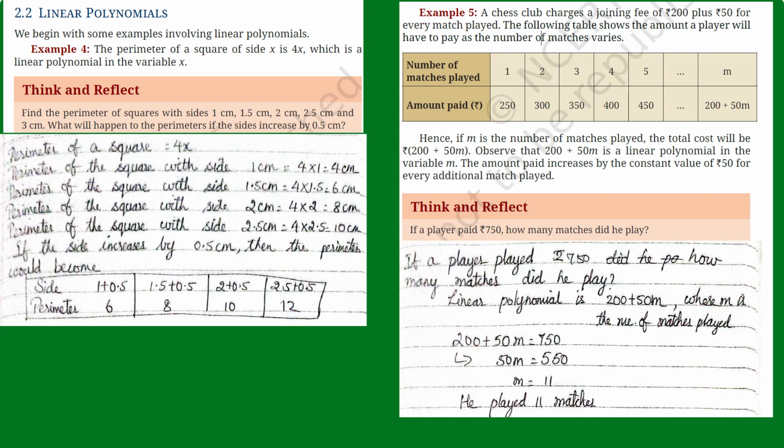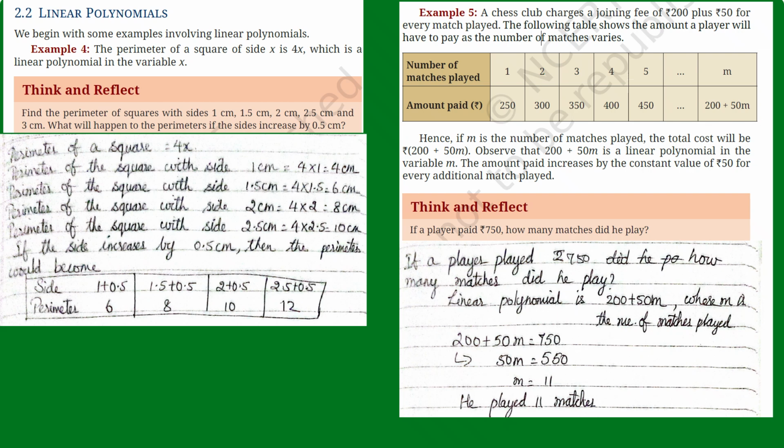You can see very well that as the value of the sides, that is, the value of x, is increased by 0.5, the perimeter is increased by 2. This is a constant increase in the value as the variable is increased by a constant amount, which is 0.5.